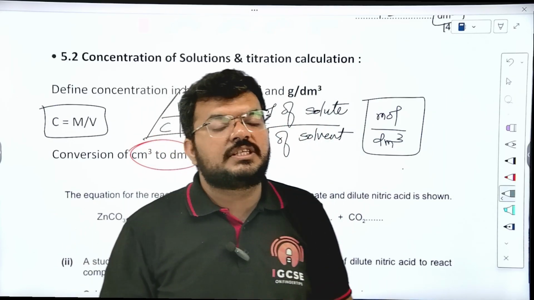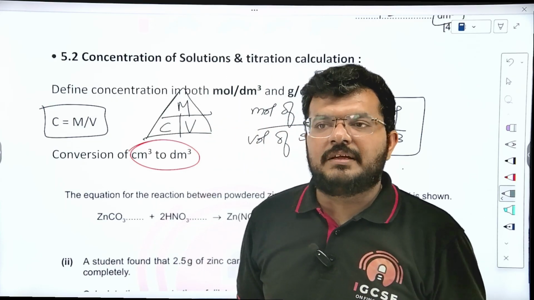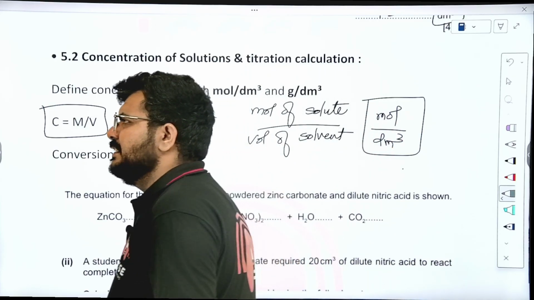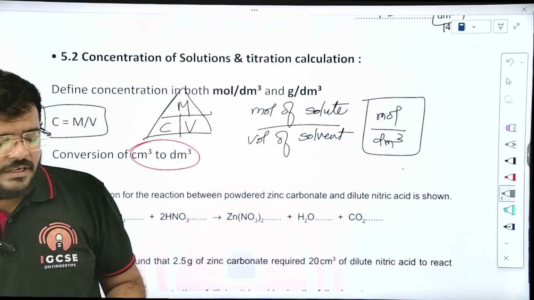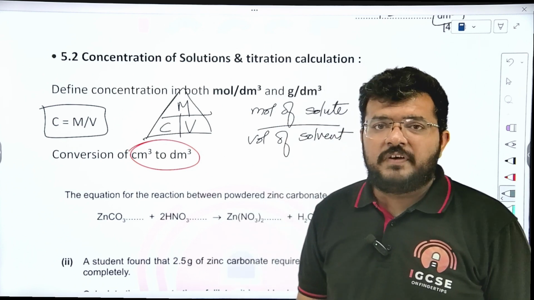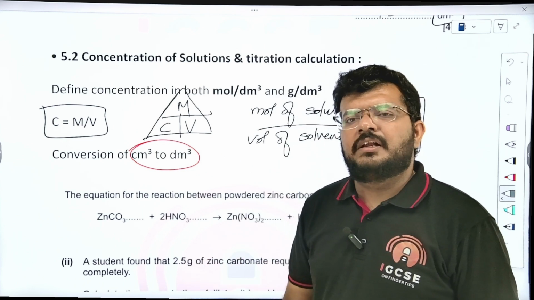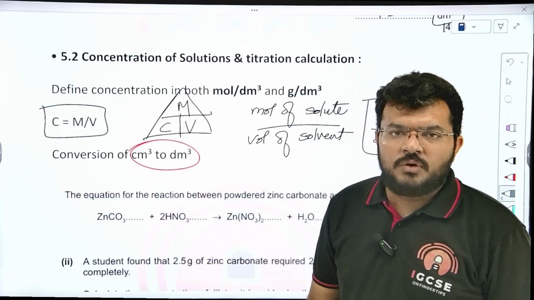Generally, hydroxides are considered to be soluble, except a few. You will find them across your syllabus. So, let's say I think magnesium hydroxide can be considered as insoluble, right? Other than that, most hydroxides are soluble. Most oxides are also soluble unless they tell you which are not soluble.